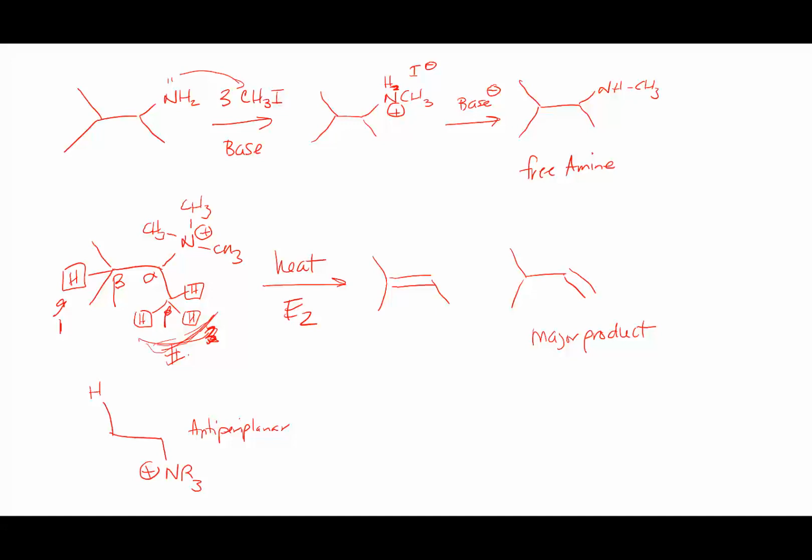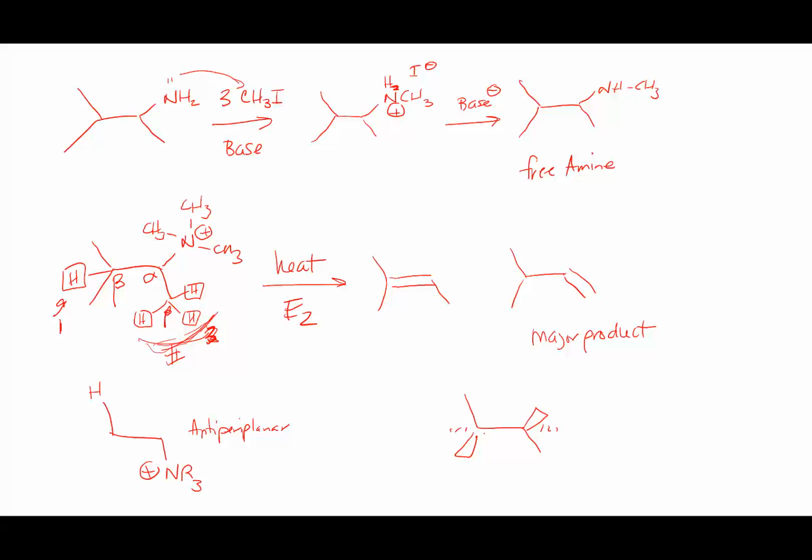Okay. Now, on Friday, what we'll do is, so we know we get the major product that's least substituted, but we need to make this more interesting. And the more interesting part is, what if I gave you a molecule that has some stereochemistry to it?